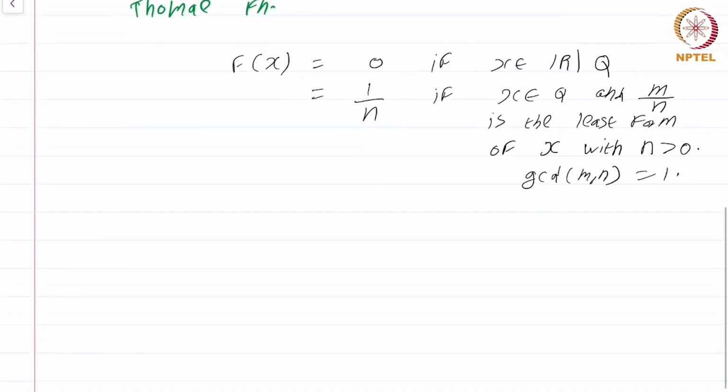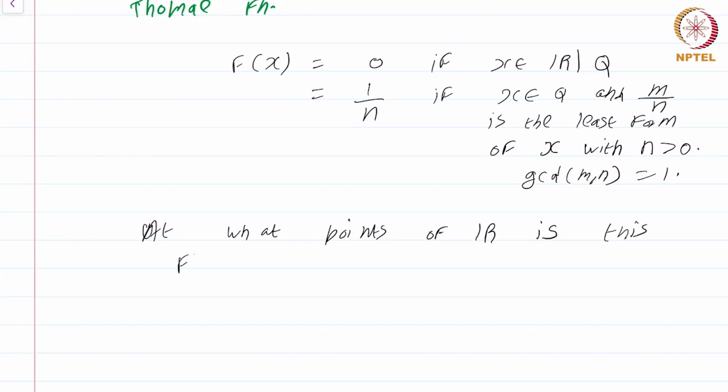Then at what points of R is this function continuous? At precisely what points is it continuous? What is its set of discontinuity?